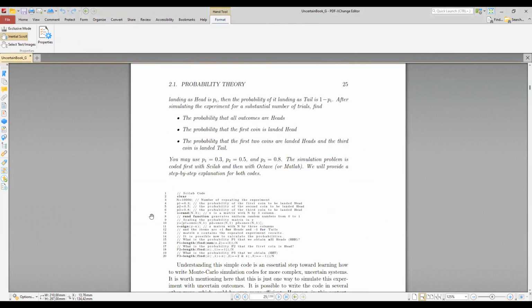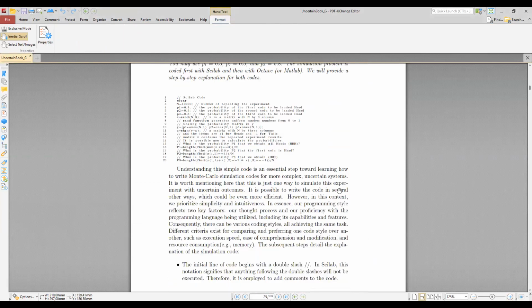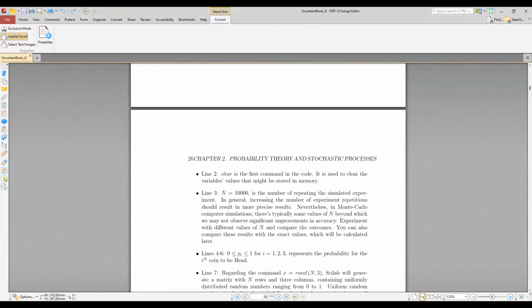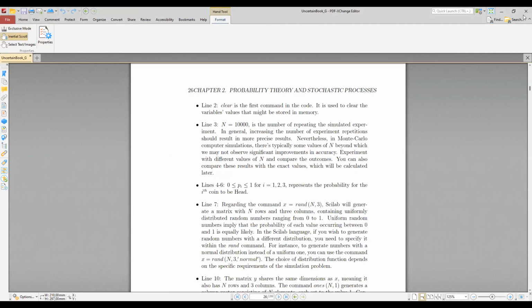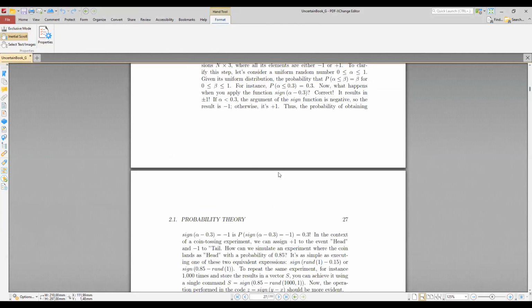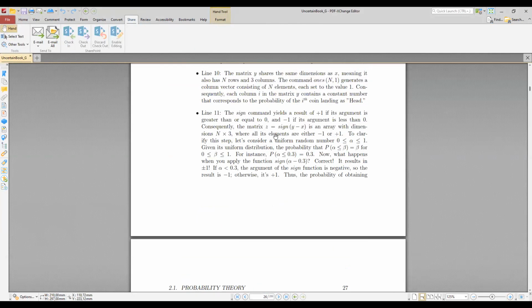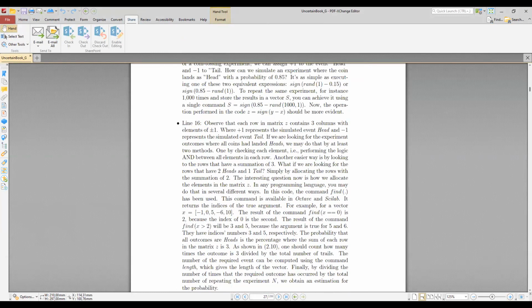This code is written in Scilab, Science Lab, but you can ignore the codes in Scilab. In this course, it is enough that you learn Octave. They are very similar, by the way. Scilab is also similar to MATLAB, but not identical like Octave.